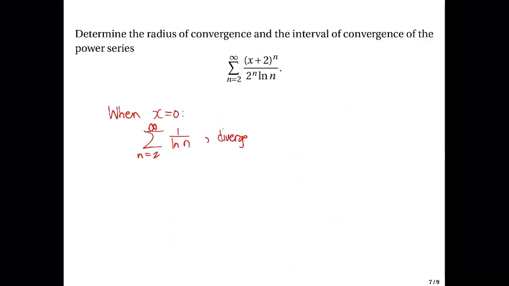So the IOC is such that negative 4 is included, but 0 is not included. So you have this interval. Question?